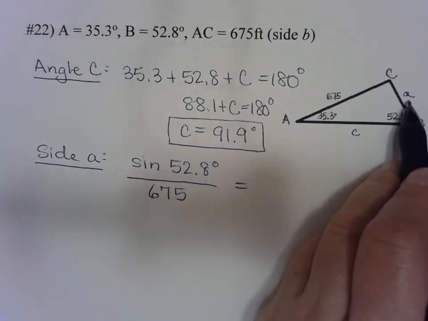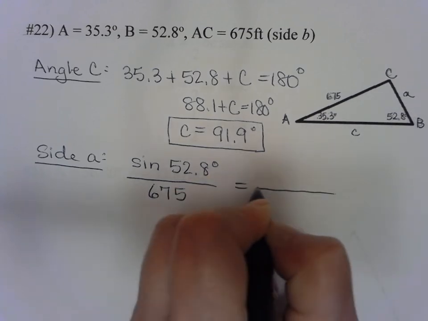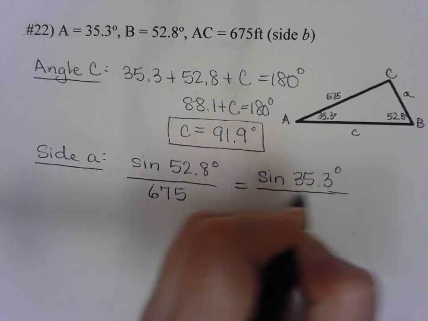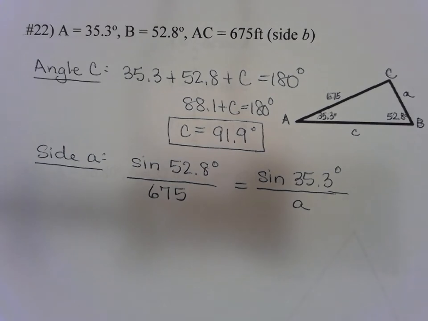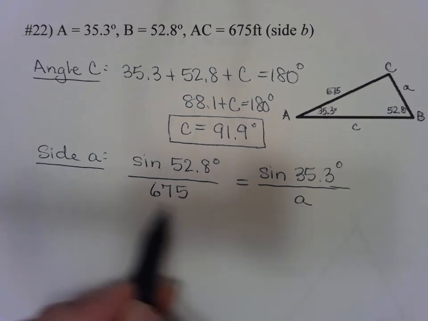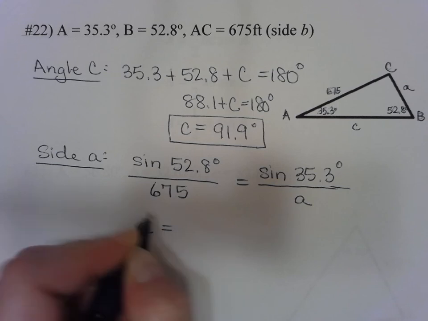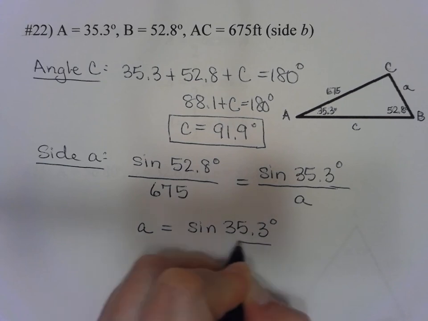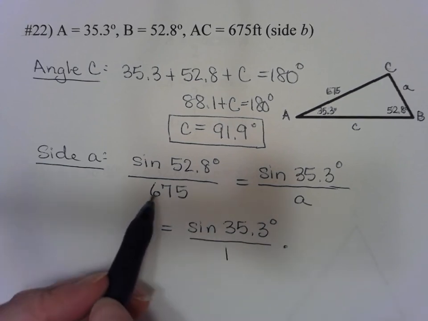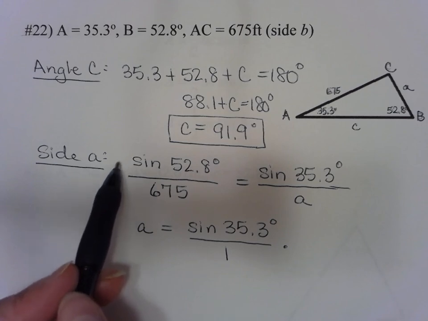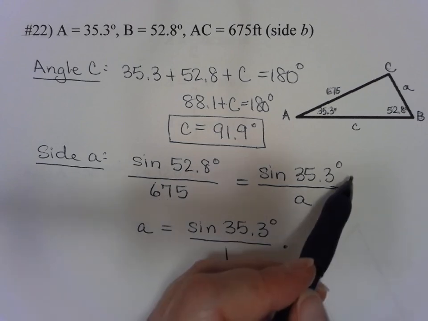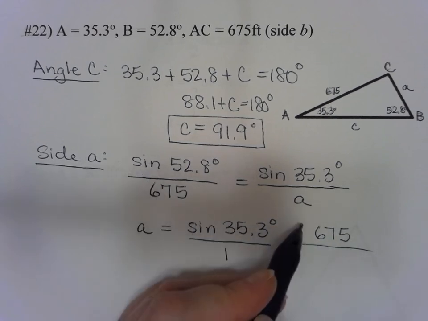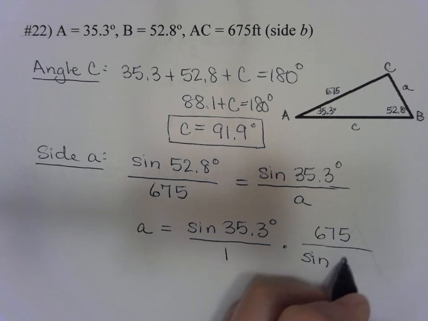So if we're going to try and find side A, we'll use angle A. So the sine of 35.3 degrees over side A. We're going to multiply this side by A. And then we're going to move everything we have here. So pretend you had an A here, right? To move this, we'd have to multiply by 675. And to move this, we'd have to divide by the sine of 52.8.